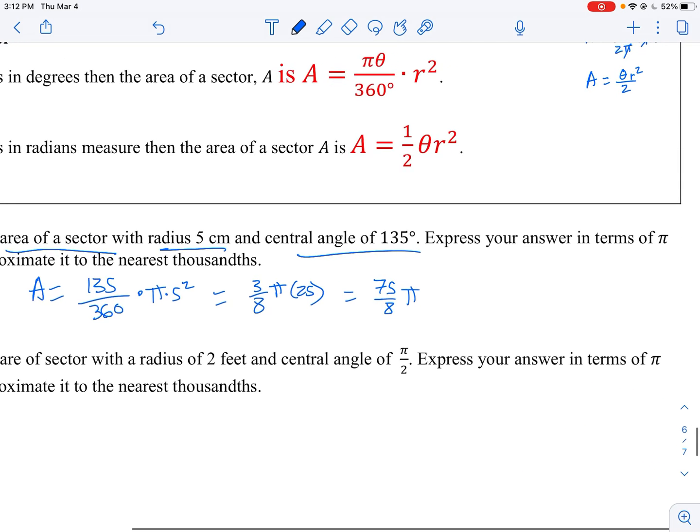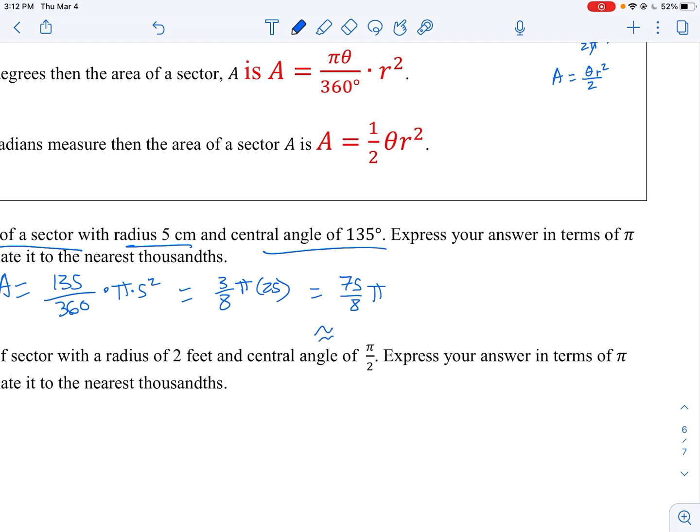So that's the exact value. And then you can get the approximate by actually timesing by pi, which is going to give you about 29.452. And since the radius was in centimeters, this is also in centimeters, but it's an area, so it's going to be centimeters squared. So there we go. Voila, area of a sector.